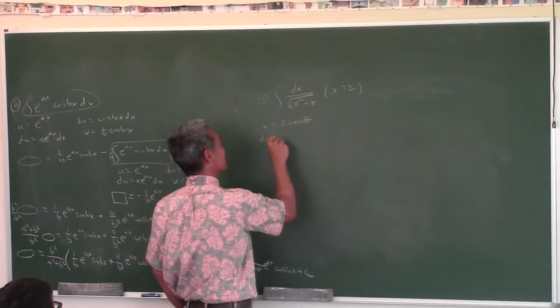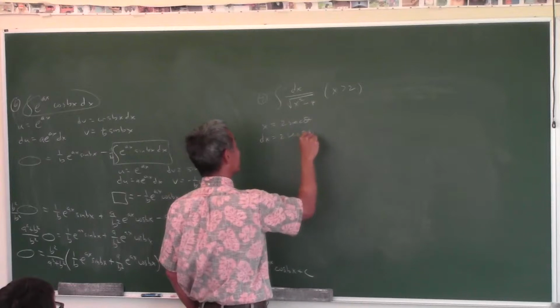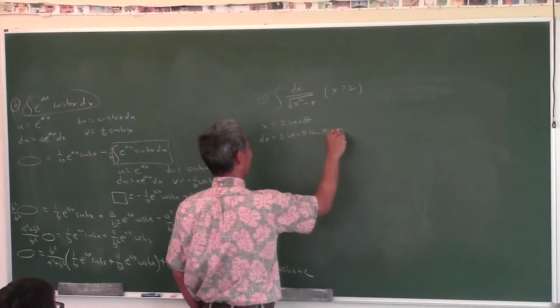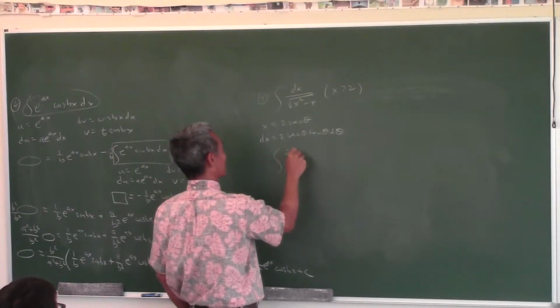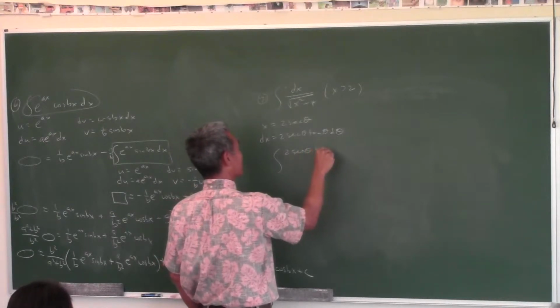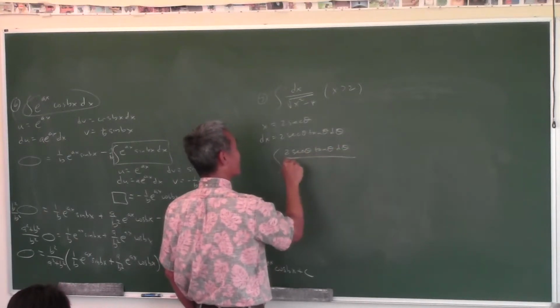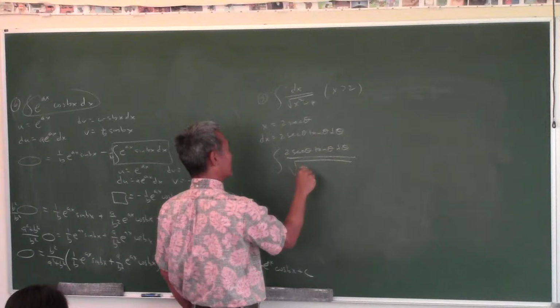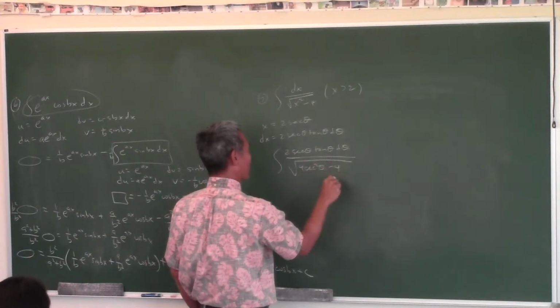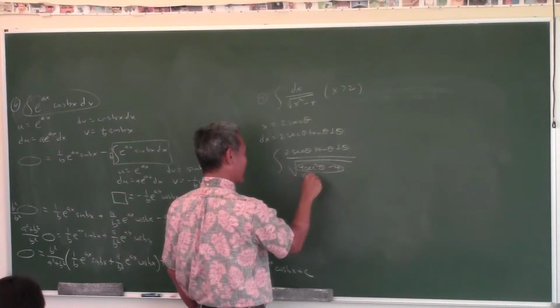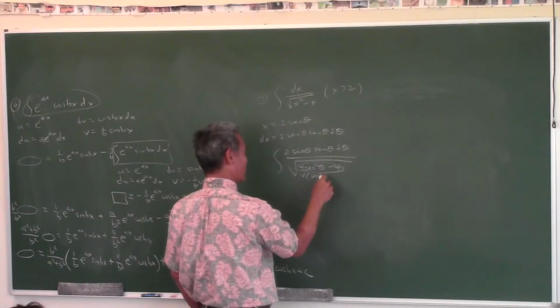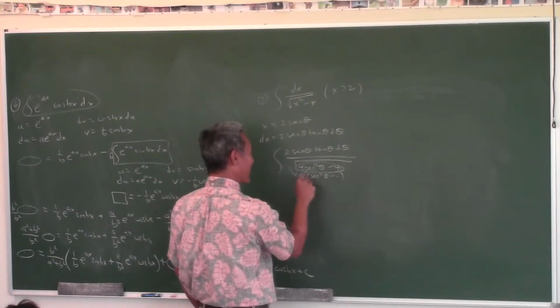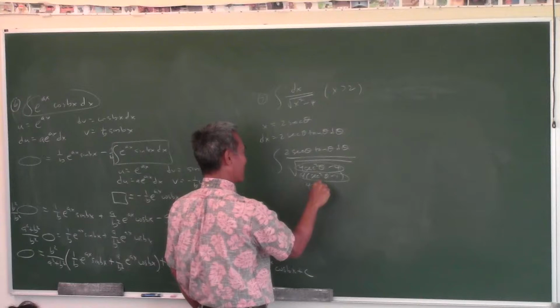Dx is equal to 2 secant theta tangent theta d theta. And then this integral becomes 2 secant theta tangent theta d theta all over the square root of 4 secant squared theta minus 4. If you factor out the 4, it is 4 times secant squared theta minus 1. But that's 4 tangent squared theta.